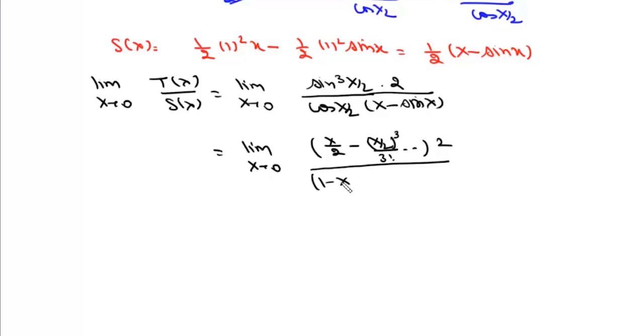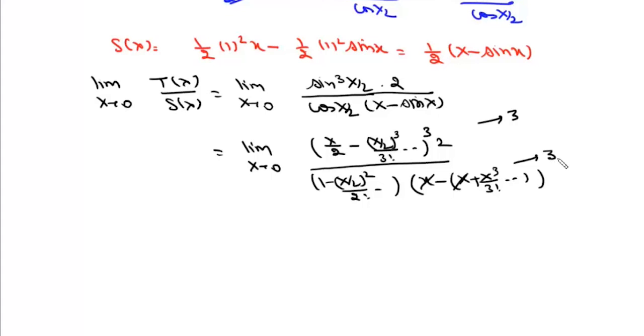Here it is 1 minus x by 2 whole square upon factorial 2, and here will be this x minus x cube upon factorial 3. Now x and x will cancel, it will be this plus, and we have this power 3 here. Now minimum power of x in the numerator is 3 and minimum power of x in the denominator is also 3. So answer to this limit is coefficient of x cube.